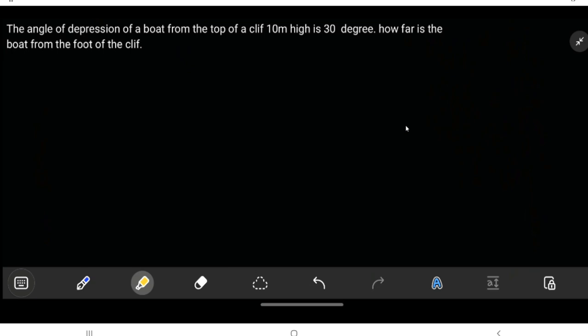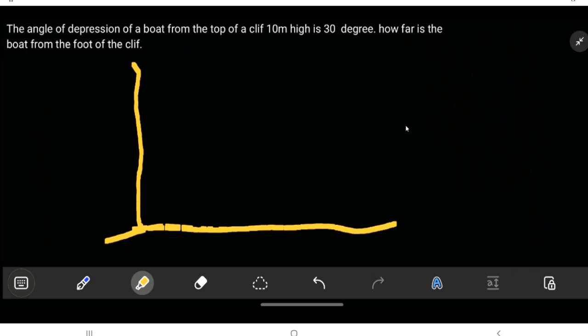Okay, so let's draw the cliff. We're going to illustrate this question with a diagram. Assuming this is the cliff, and this is the ground, though we know boats are not normally on the ground.